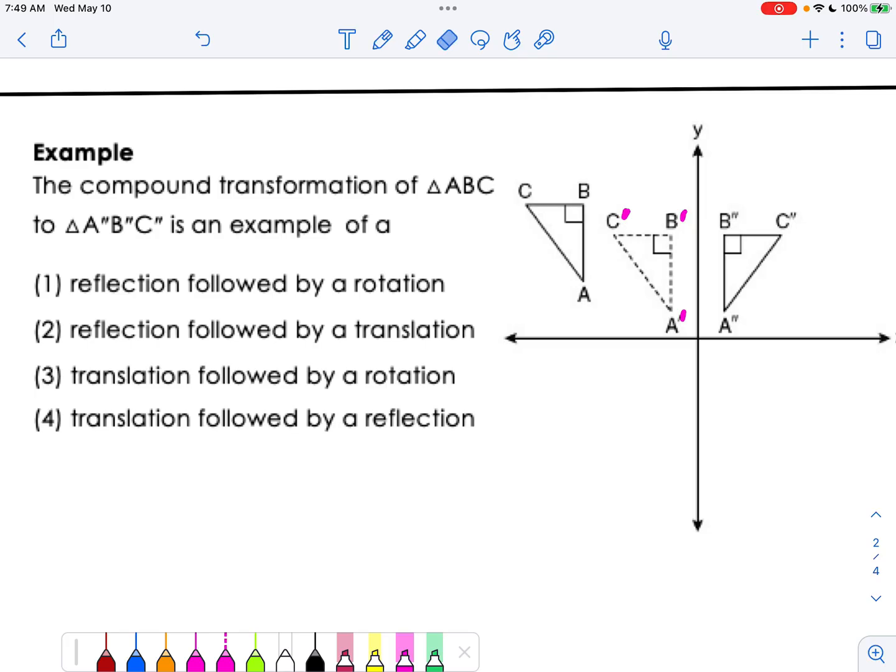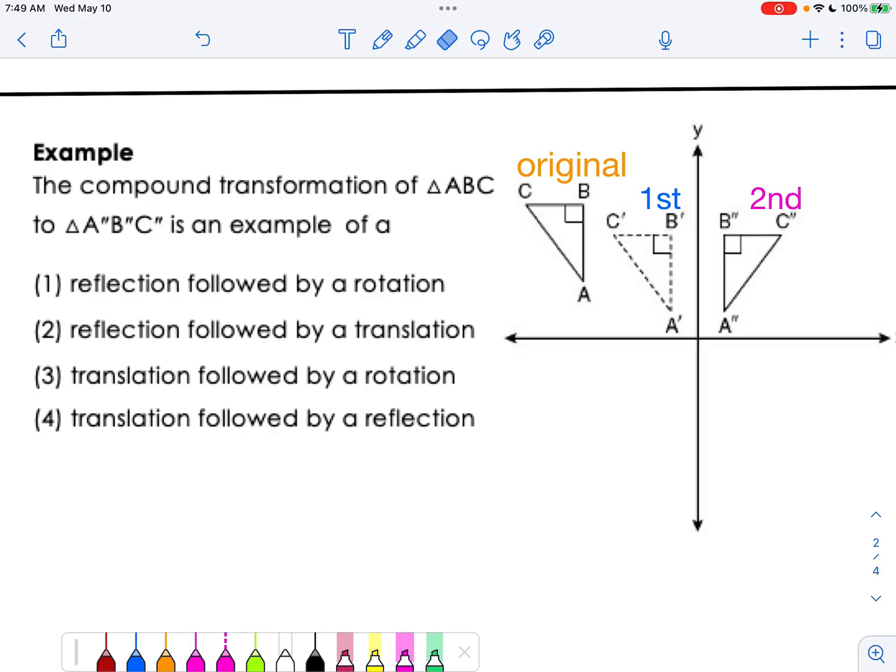The triangle without tally marks, all the way to the left, just A, B, and C, is my original triangle. The one with one tally mark is our first transformation, and the one with two tally marks is the second. So it's really important not only to label our picture when we're drawing it, but when we're looking at a picture that's given to us, that we pay attention to those marks.